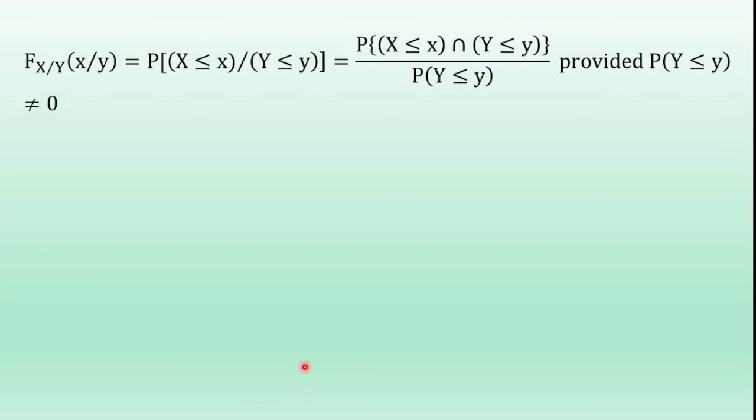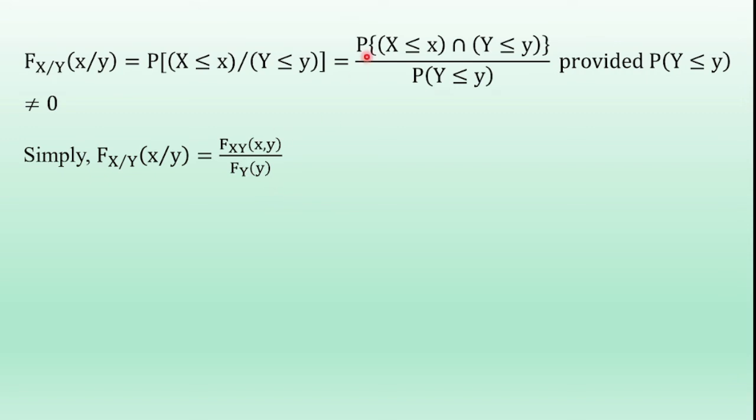So Fx given y of x given y is equal to the probability of X less than or equal to x given Y less than or equal to y, which is equal to the probability of X less than or equal to x intersection Y less than or equal to y, divided by the probability of Y less than or equal to y, provided the probability of Y less than or equal to y is not equal to 0. So simply Fx given y of x given y is equal to Fxy of x comma y divided by Fy of y.